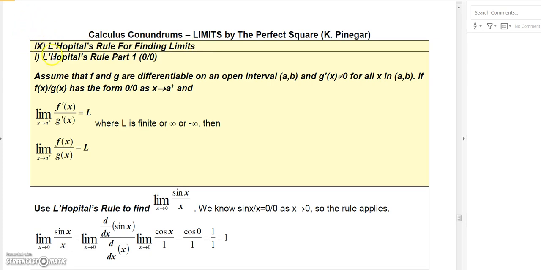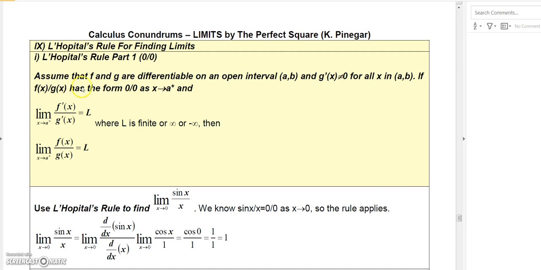Okay, so let's get started. L'Hopital's rule for finding limits. Now, this is going to be two parts. The first part, we're going to deal with limits that give us the indeterminate form 0 over 0.